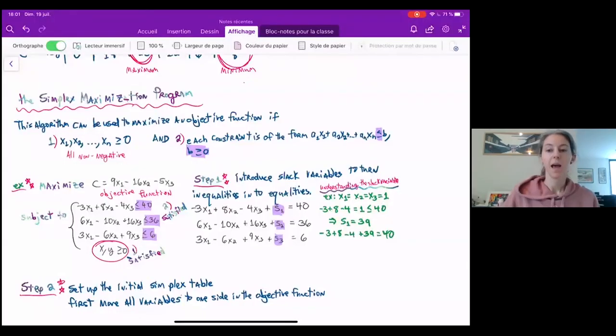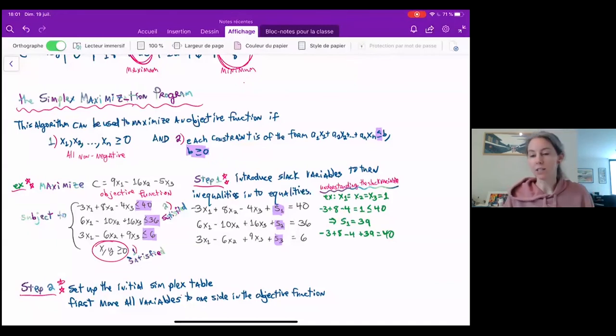So the slack variable makes up the slack between how much less than 40 it is. Okay, so our step 2 is to set up the initial simplex table, which really is like setting up an augmented matrix. What we have here is 3 equations where we have variables x1, x2, x3, s1, s2, s3, but we also have our objective function. And our objective function is also an equation. We're going to think of c as if it's a variable as well.